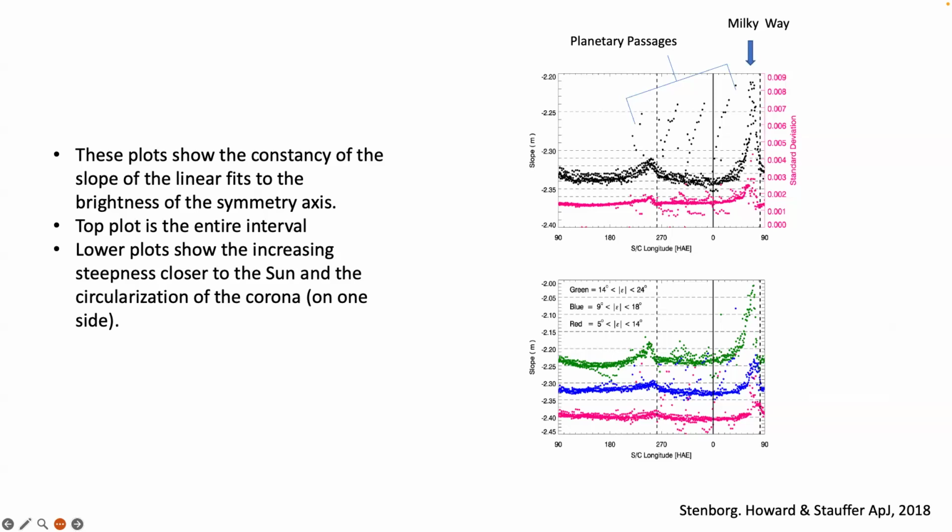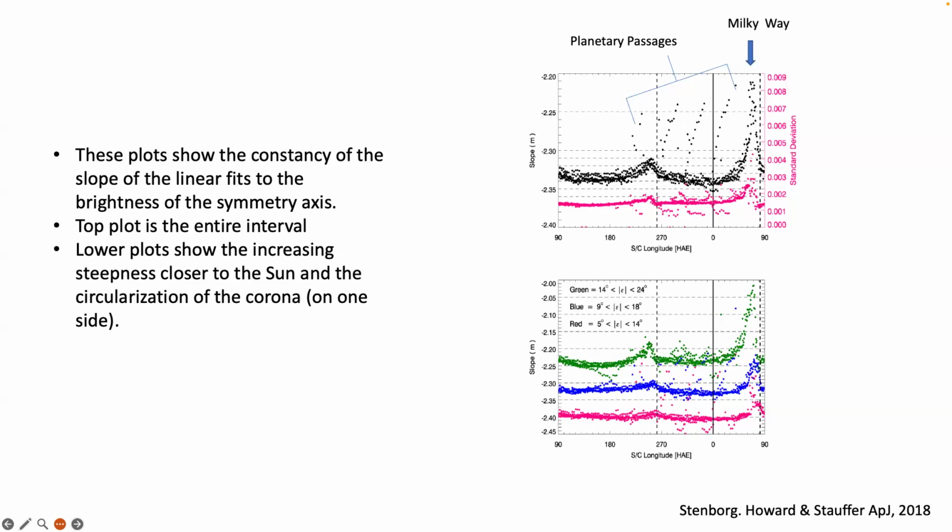So we then plotted the brightness gradient as a function, again, of longitude, and you can see that there is this peak of around 2.3, r to the minus 2.3. The black line is the slope, and the red line is the standard deviation of the fit, and it's fairly good.